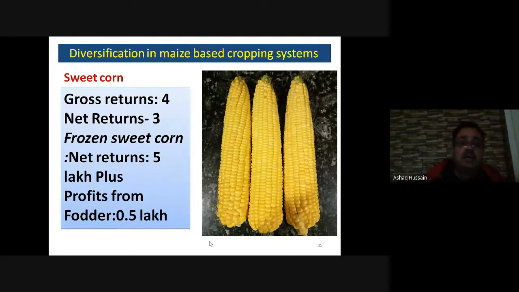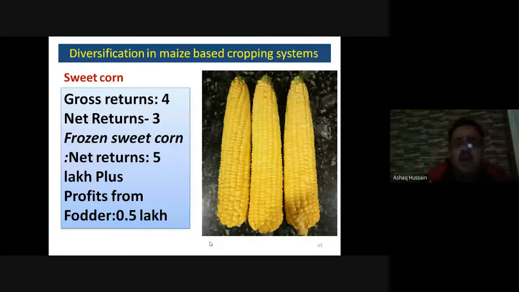The Government of Jammu and Kashmir Department of Agriculture has made a tremendous effort, supported by research from the university, in introducing some hybrids of very high quality for the popularization of sweet corn.